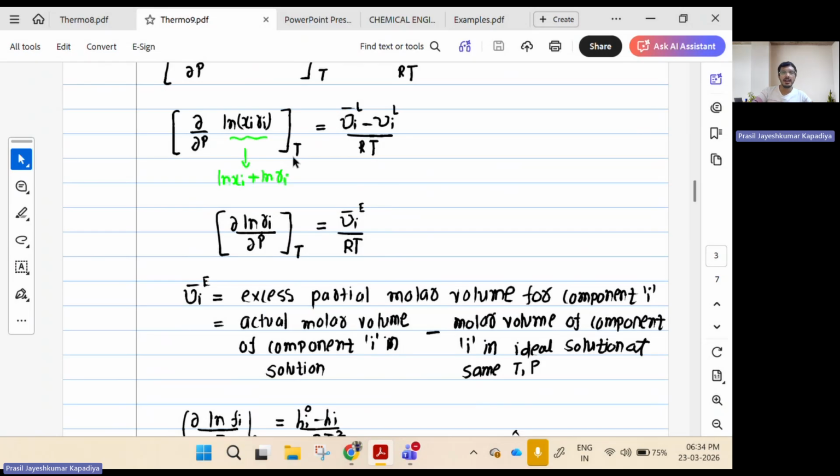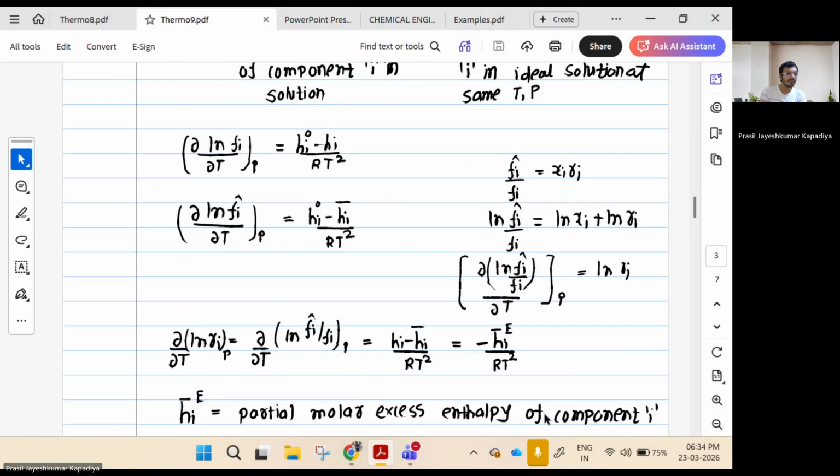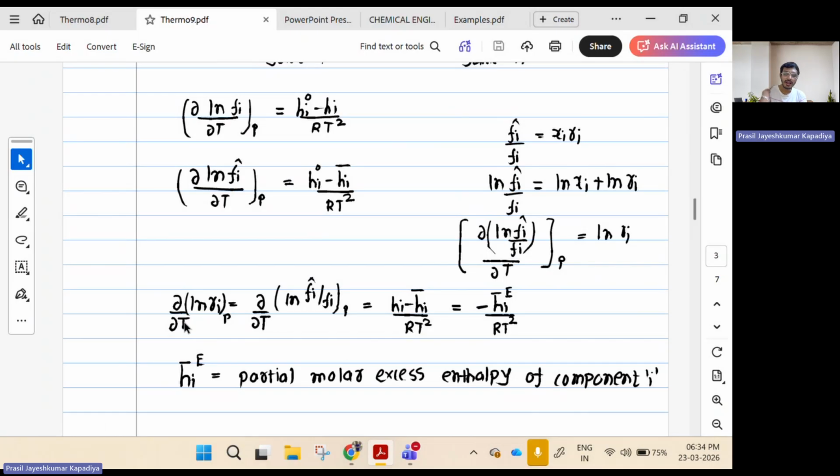So we find that del ln gamma i by del P is equal to Vi bar excess divided by RT, and Vi bar excess is the actual excess partial molar volume of component i, which is nothing but the actual molar volume of component i in solution minus the molar volume of component i in ideal solution. So these two should be estimated at the same temperature and pressure. And we find that del T of ln gamma i at constant pressure is equal to minus Hi bar excess divided by RT square.